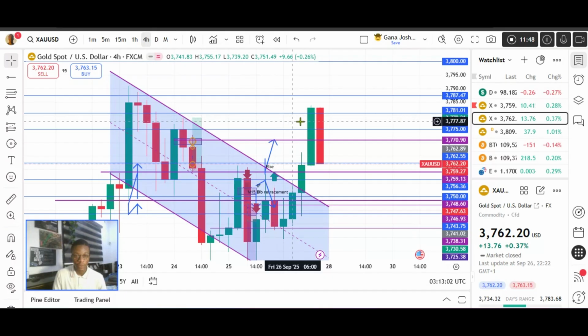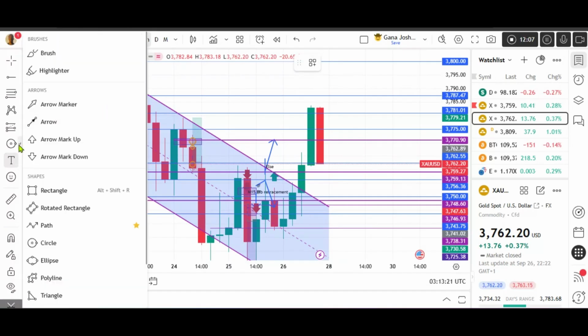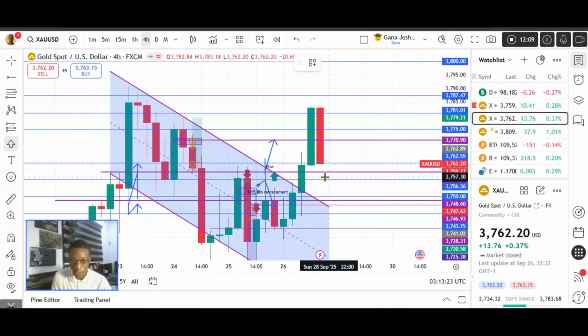It seemed as if it did on the 4-hour close, but it didn't because of this candle. Neither did it engulf. So I'll be looking out for a retracement of this zone, a testing of this zone.